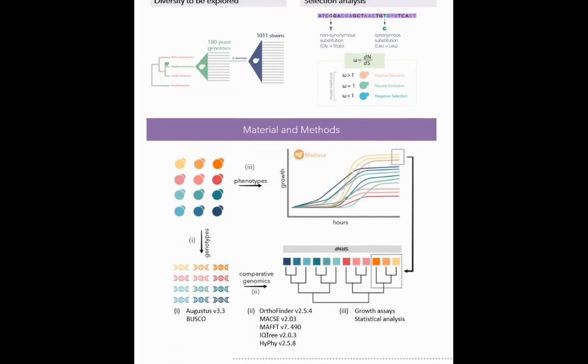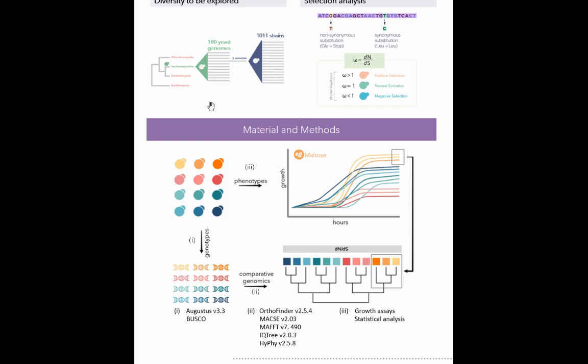So, getting to the methods, this work has been held with two different data sets. The first one comprehends 1,011 genomes of Saccharomyces cerevisiae strains, from which we have access to the microorganisms themselves.